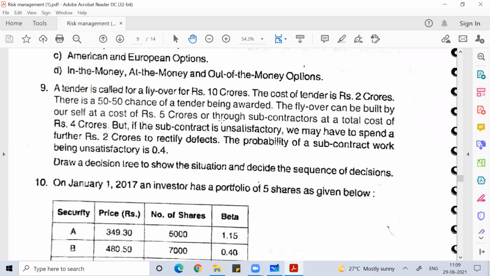Question number 9, again a decision tree problem. Any decision tree problem, if it comes in the exam, I don't think you will face any problem. You will be perfect in solving decision tree problems. Tell me if I'm wrong.